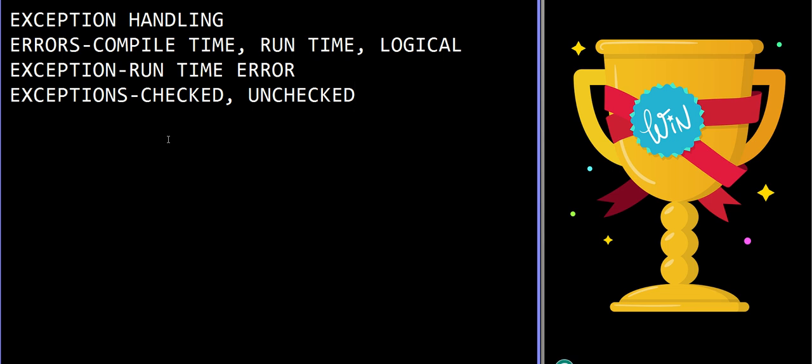A checked exception is one where we extend the Exception class. Whenever we extend RuntimeException, it is an unchecked exception. Checked exceptions should be handled with try-catch blocks or the throws clause. Unchecked exceptions may or may not be handled; it is optional for the programmer.